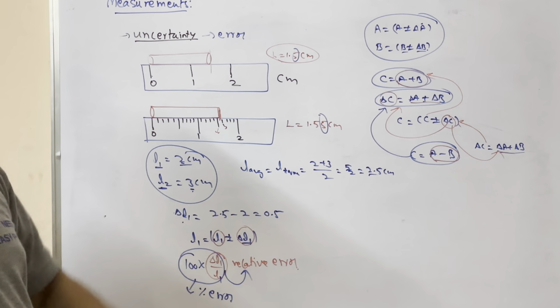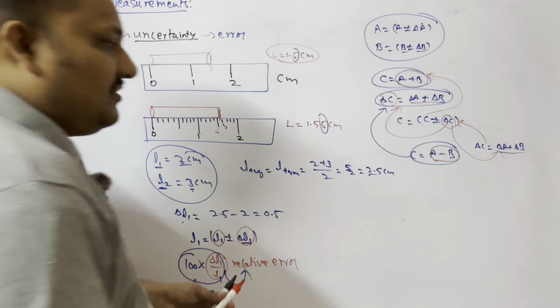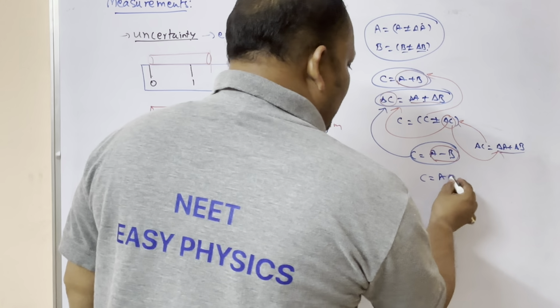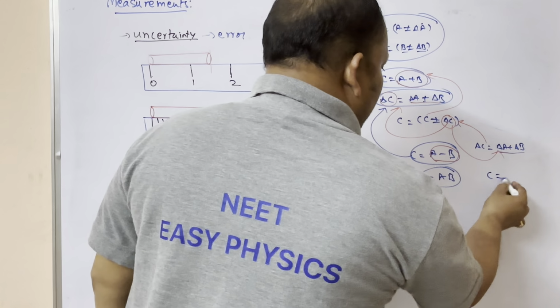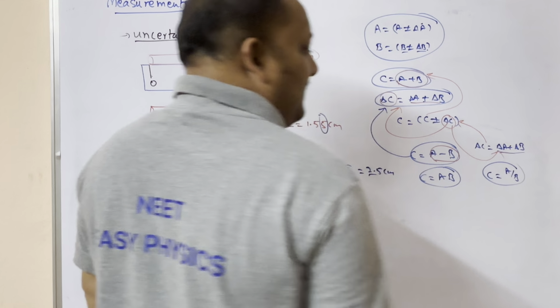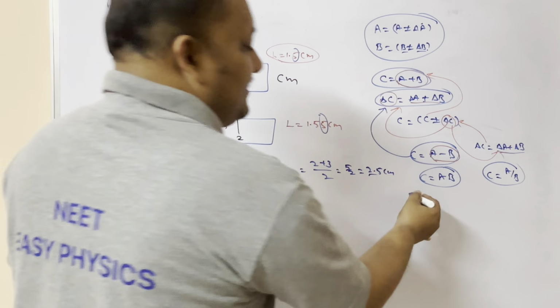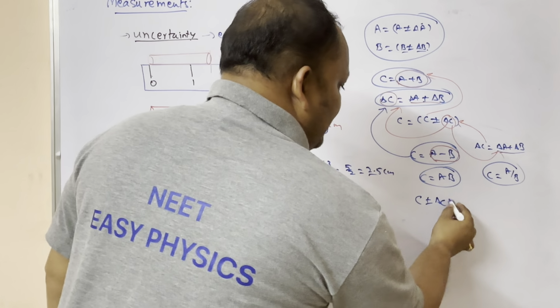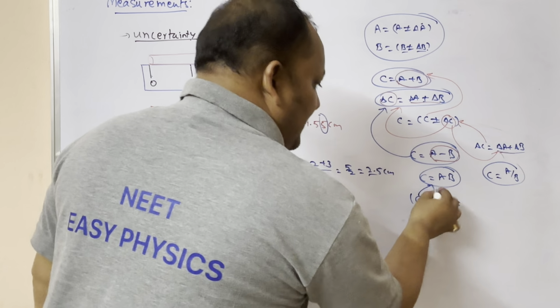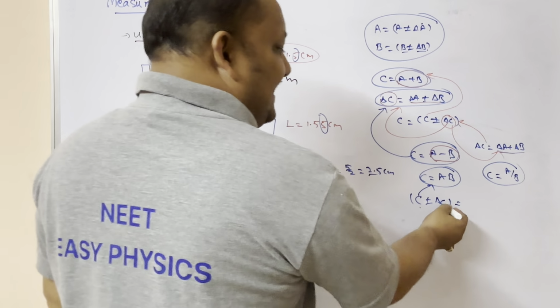If you multiply, what are you going to do? If C is equal to AB or C is equal to A by B, you are multiplying and dividing. How will we write C plus or minus delta C? Now C is going to be AB. Then what is delta C?